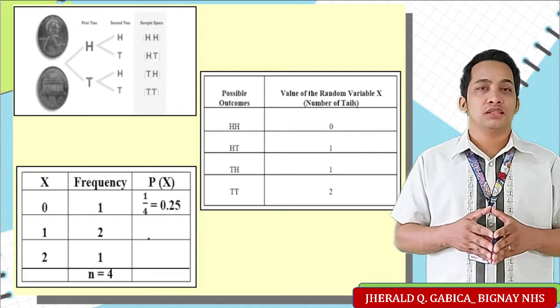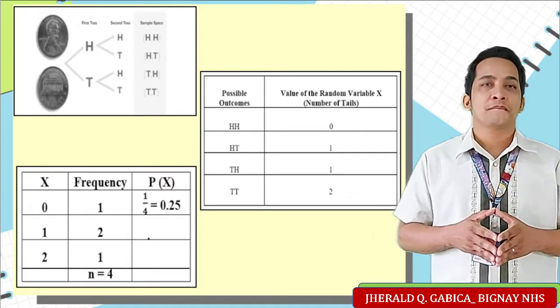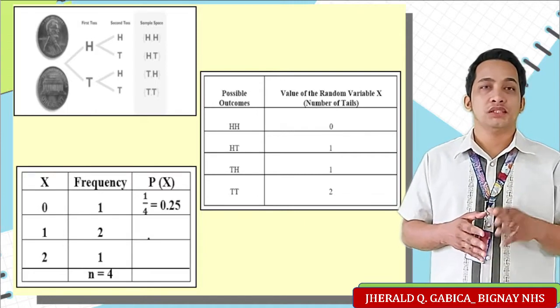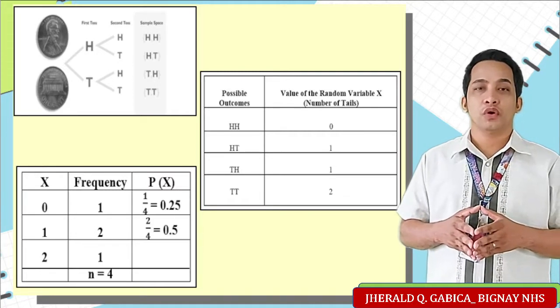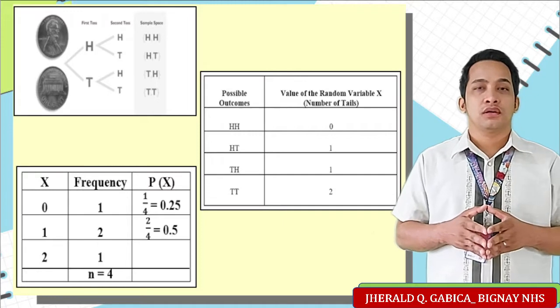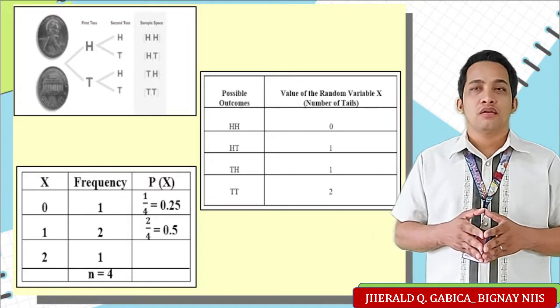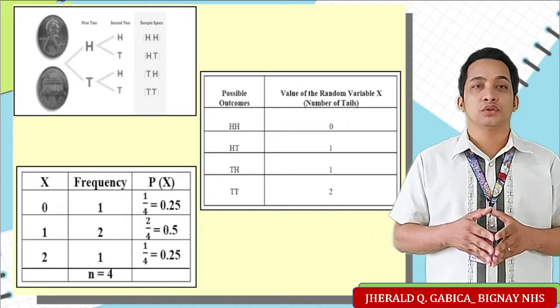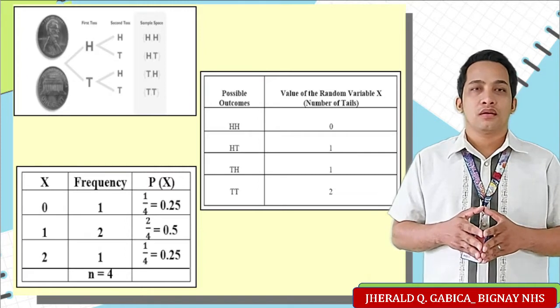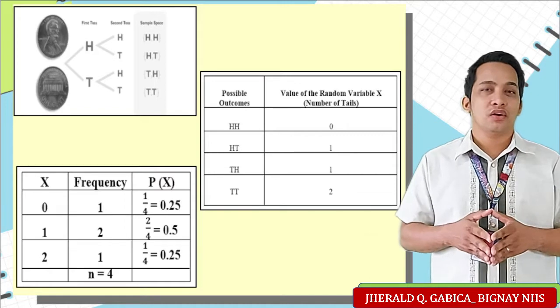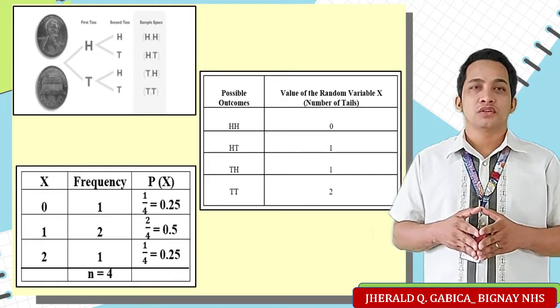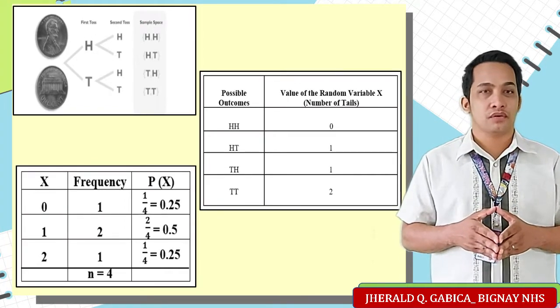For x equal to 1, our frequency is 2, or 2 over 4, or 0.5. For x equal to 2, we have 1, and that's 1 over 4, or 0.25. So the total frequency is equal to 4.